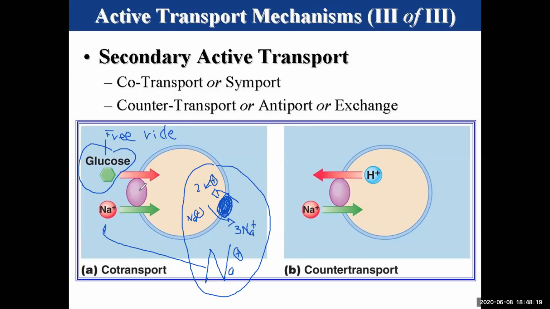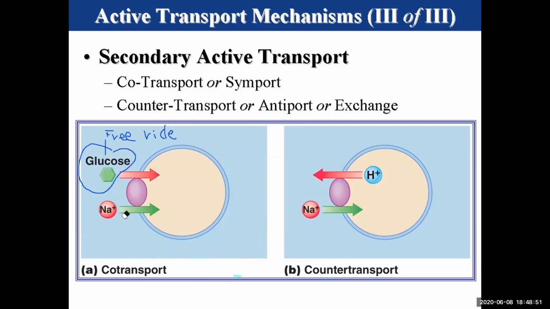When that symporter brings sodium in, it also brings glucose in. So glucose just gets a free ride along with that sodium through the sodium glucose transporter. So this is how cells obtain glucose in the process. And this is important, guys. This step is critical, and here's why it's critical.